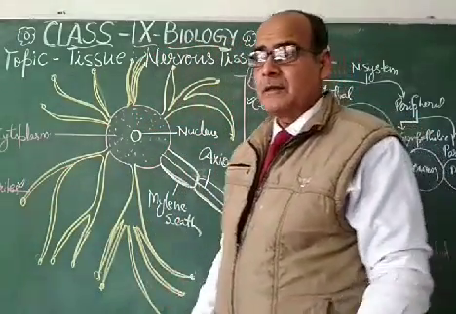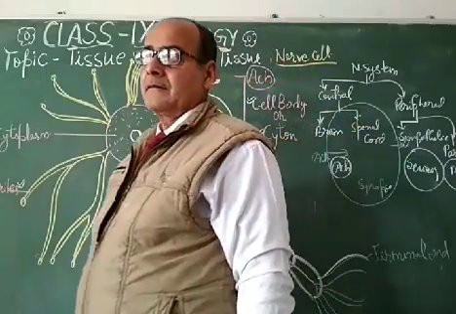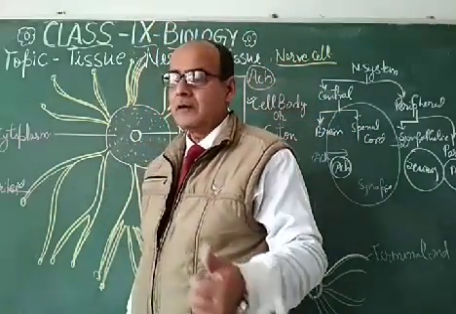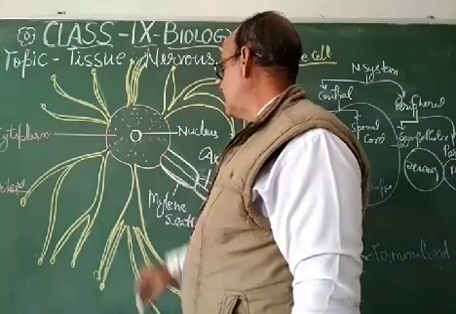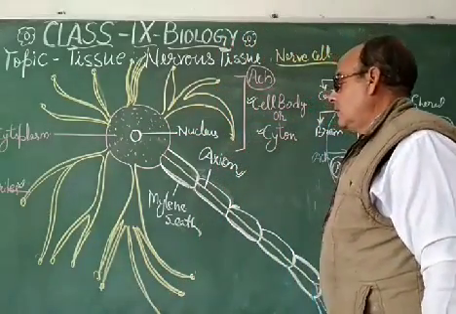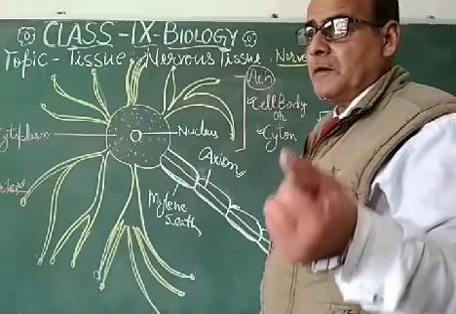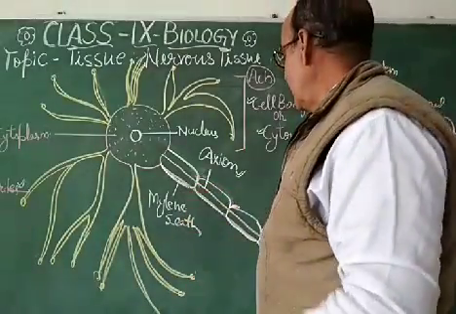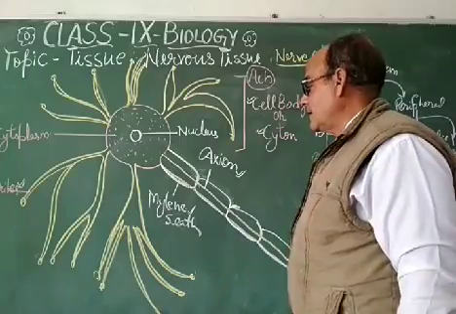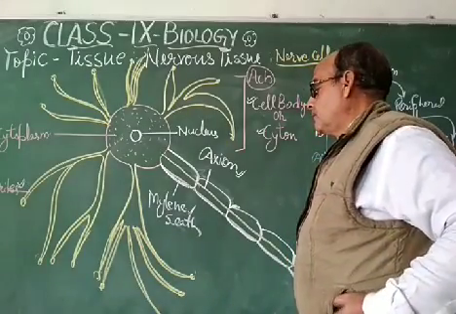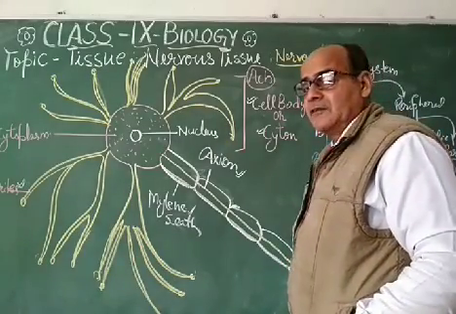Is nucleus found in the cyton? Yes, nucleus is found in the cyton as the center of the cell. Which part covers the axon? The myelin sheath covers the axon.